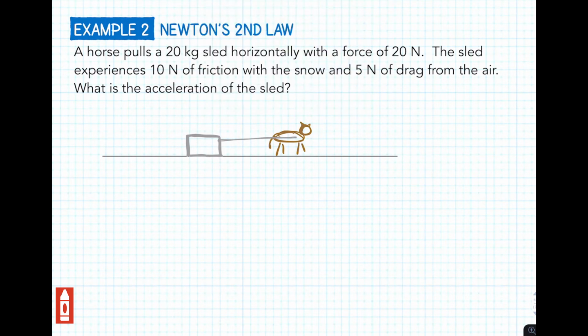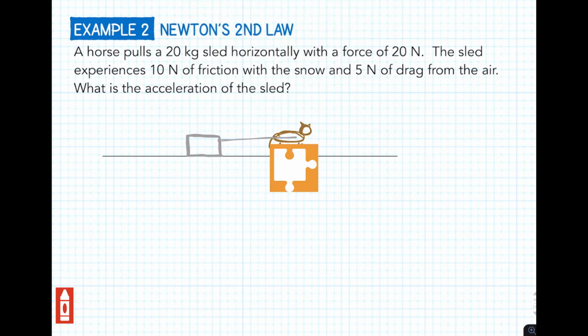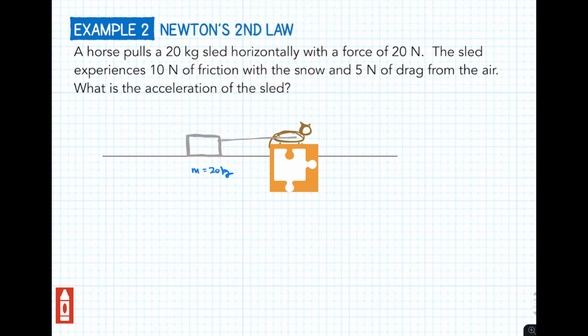We know this is a 20 kilogram sled, so I'll write that as the mass of the sled is equal to 20 kilograms. And the sled experiences forces. Let's draw the forces on the sled. The sled is our main object. What forces do we have for this sled?